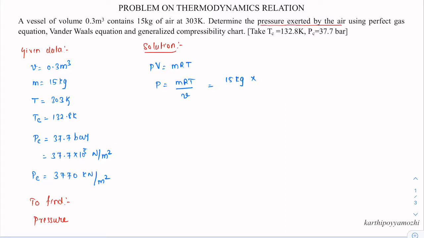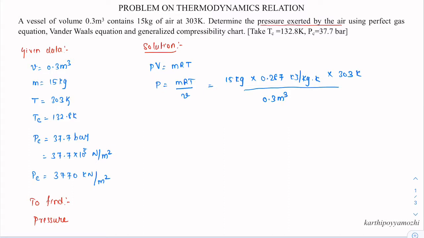R is the gas constant for air, which is 0.287 kilojoule per kg Kelvin and temperature is 303 Kelvin divided by the volume is 0.3 meter cube.